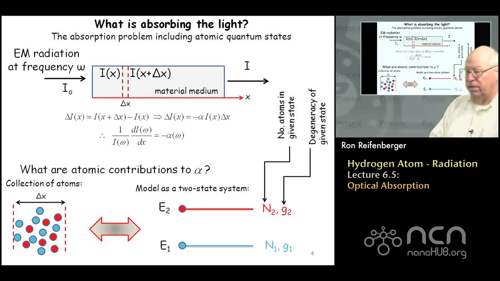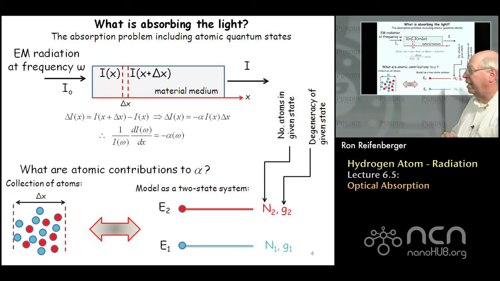If the material is comprised of quantized energy states like I've got drawn here, then whenever the incident photon energy is equal to the energy difference between these two states, you can absorb that photon and it'll disappear from the exiting beam, and so the intensity will drop down.